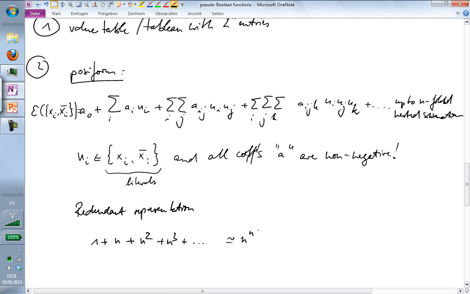So this is roughly n to the power of n coefficients versus 2 to the power of n entries in the value table.